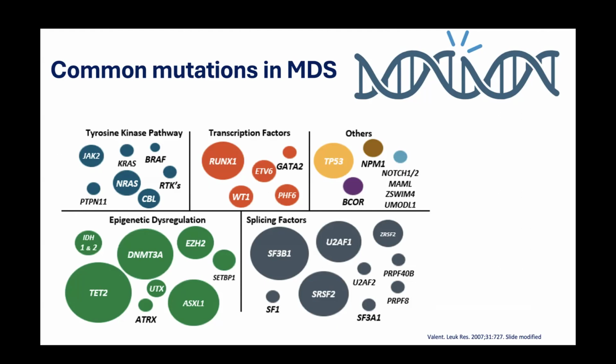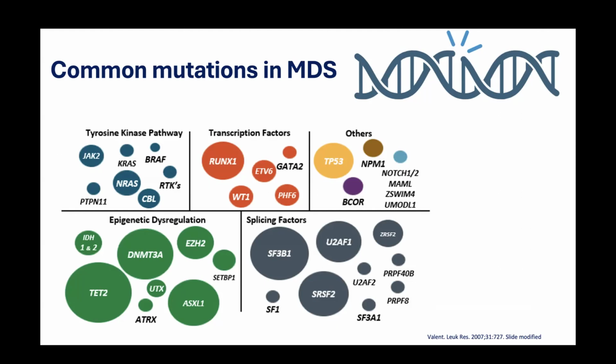And then the transcription factors: in terms of cell division, you need your old DNA to make new DNA so you can continue to divide. Transcription factors are very key in that process of creating a new transcript, or new genetic material, from the old material, and the building blocks that are necessary for that.